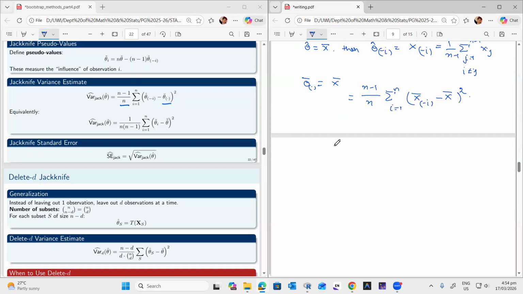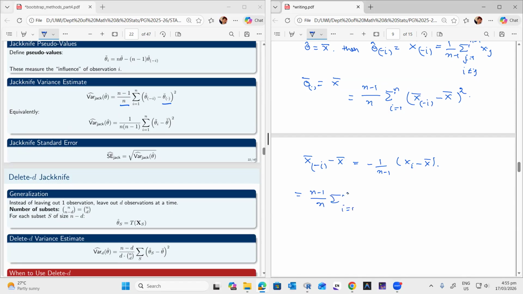Using the identity that x bar minus i minus x bar equals minus 1 upon n minus 1 times xi minus x bar, if we put this in the formula, what we will get is n minus 1 upon n, summation over i goes from 1 to n, of minus 1 upon n minus 1 times xi minus x bar.